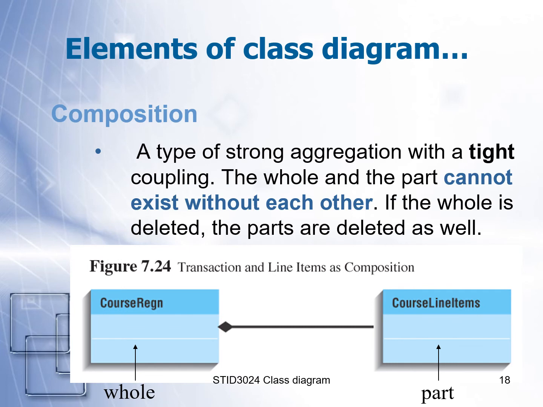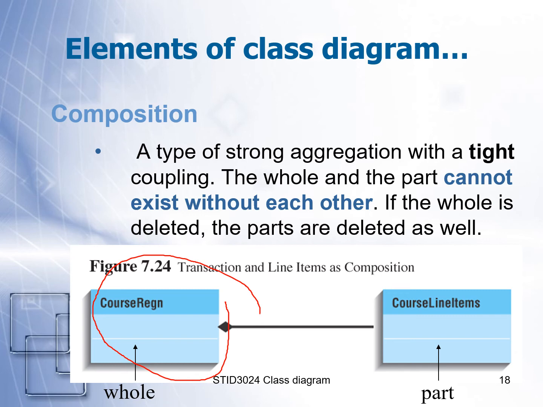So another kind of relationship is called composition. It is a type of strong aggregation. It's a form of aggregation, but a strong aggregation with tight coupling. So aggregation just now is loose coupling. Here, the whole and the part cannot exist without each other, meaning that if you remove the whole, the part is also removed as well.